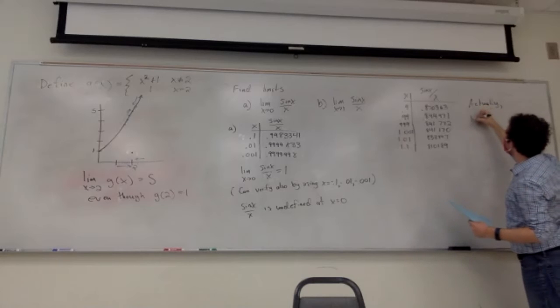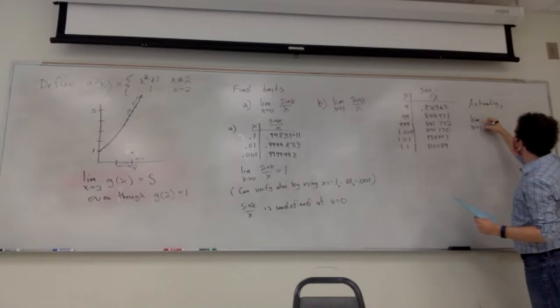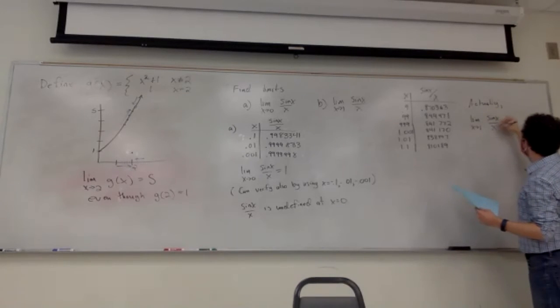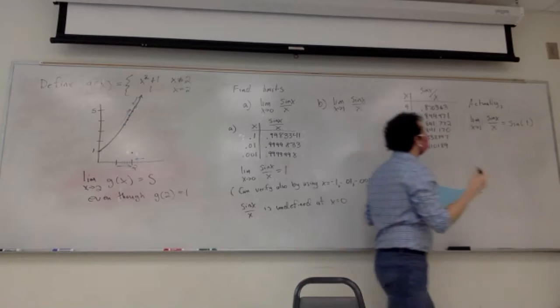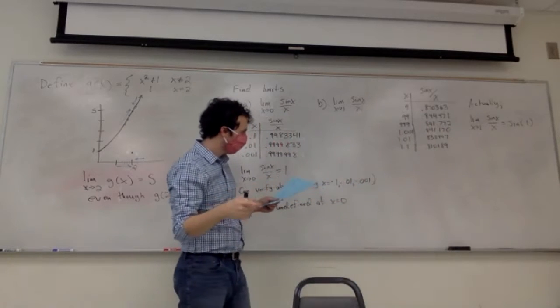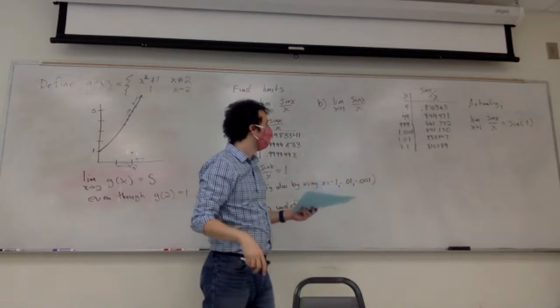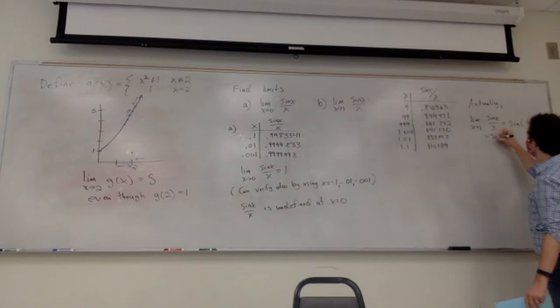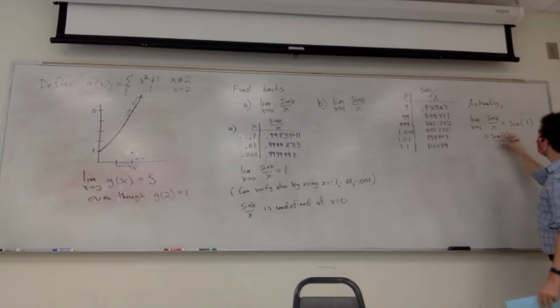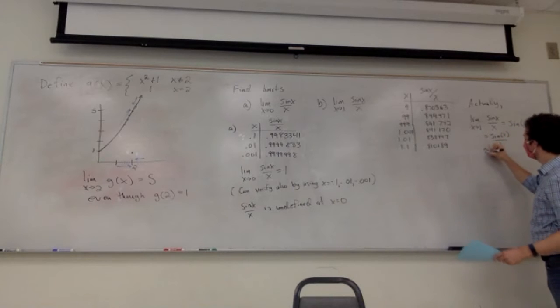So actually, this limit, the limit as x goes to 1 of sine x over x, equals sine of 1, which, a little suggestively written, is sine of 1 over 1.